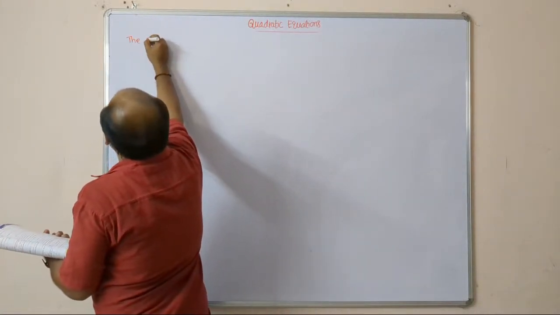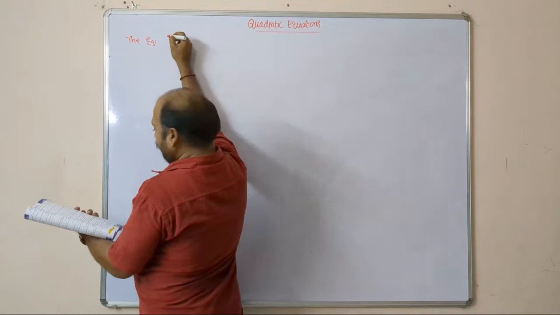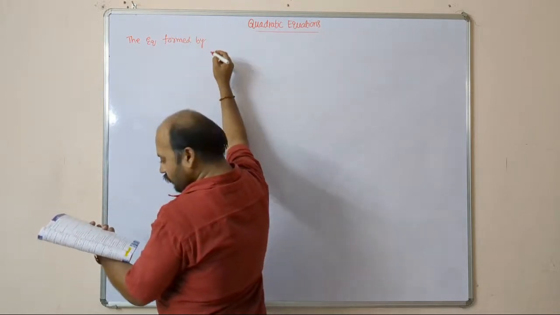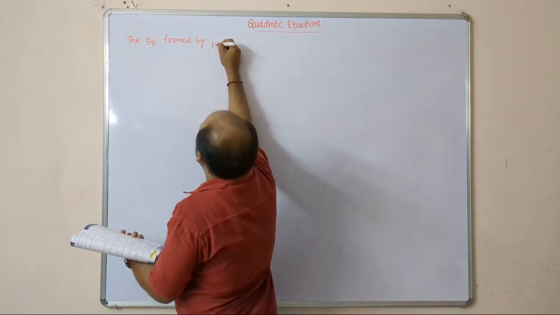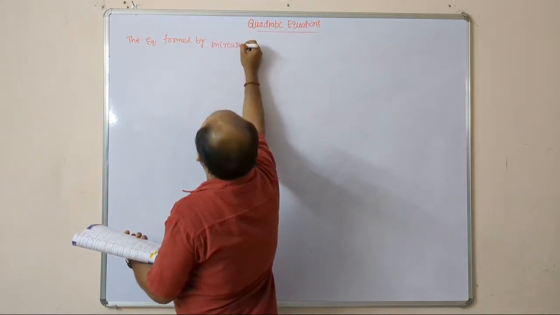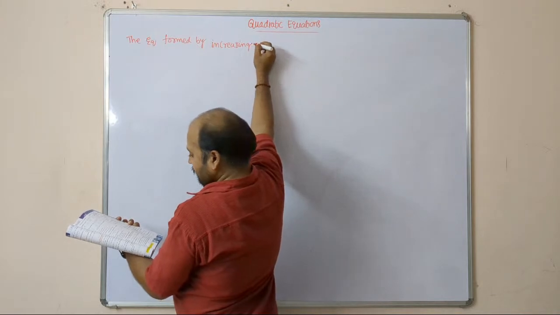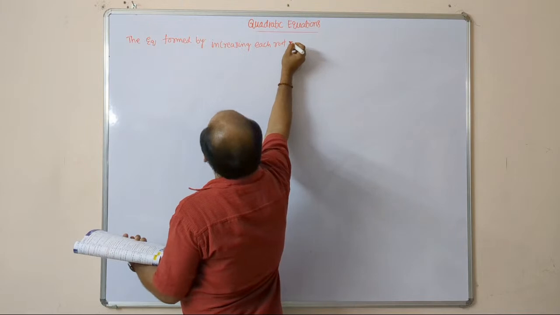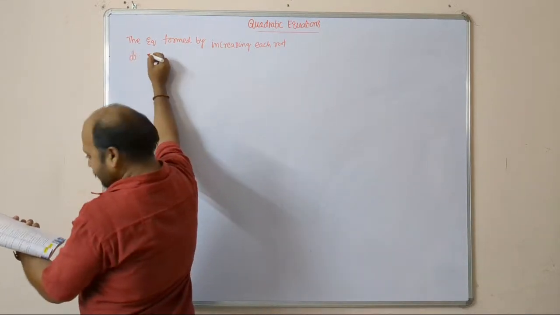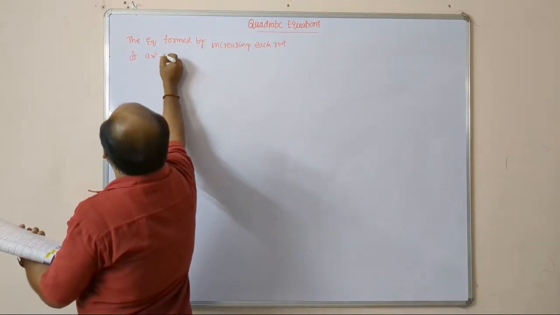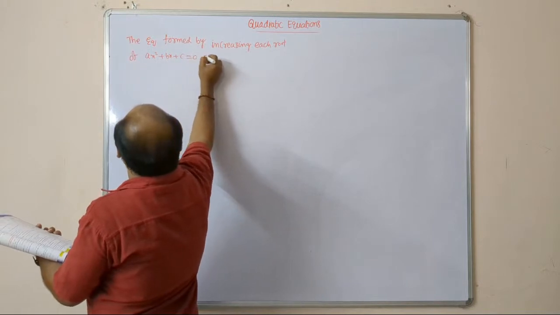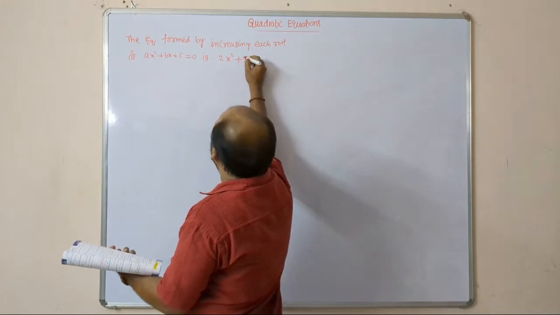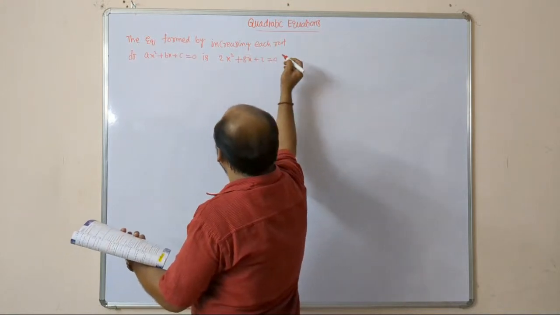The equation formed by increasing each root of the quadratic equation ax square plus bx plus c equal to 0 is given by 2x square plus 8x plus 2 equal to 0.